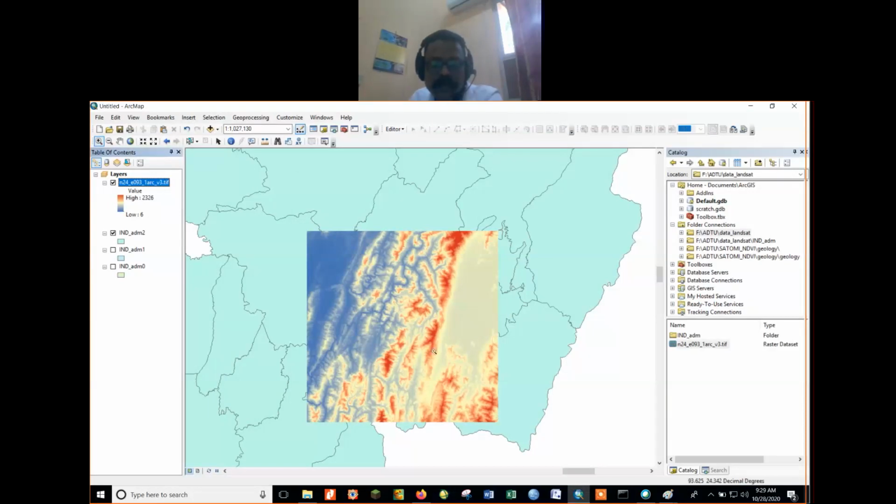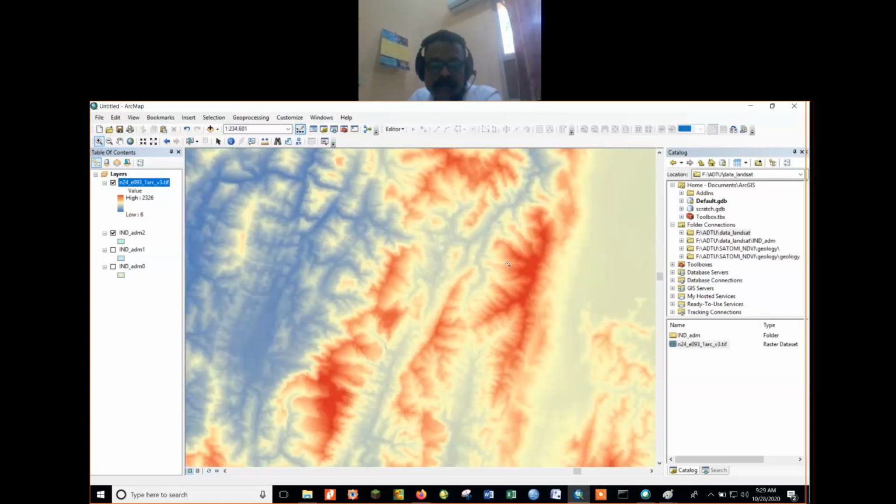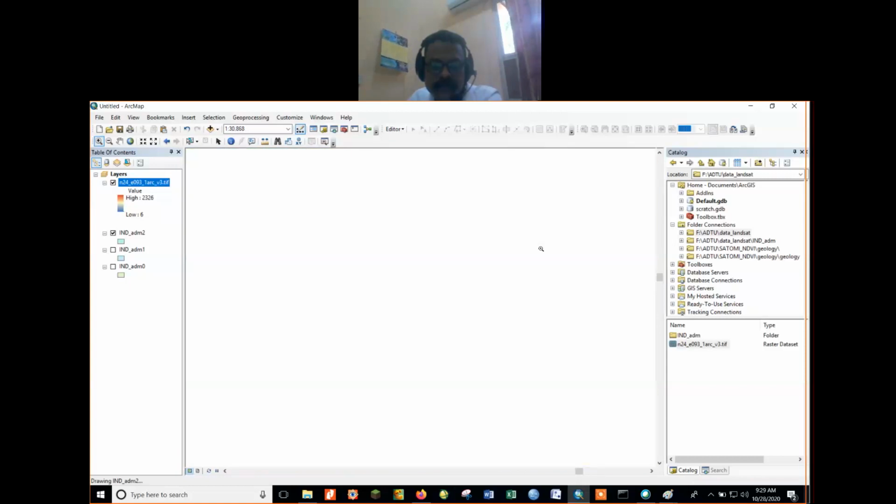Higher values of elevation are shown in dark red color, and lower values of elevation are in blue shades. As you zoom in farther and farther, you will see the individual pixels.